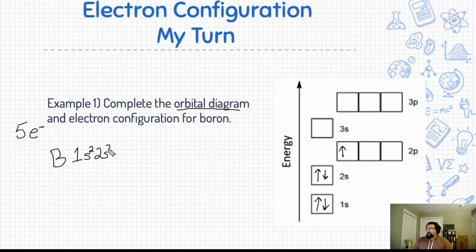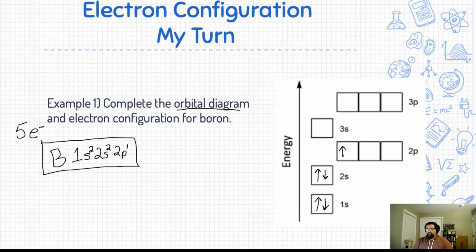That also has 2 electrons. Then we have to go to the 2p, and the 2p is just going to have 1 electron. And that right there is our electron configuration. It tells us where the electrons are located. There are 2 electrons in the 1s orbital, 2 electrons in the 2s orbital, and 1 electron in the 2p orbital.